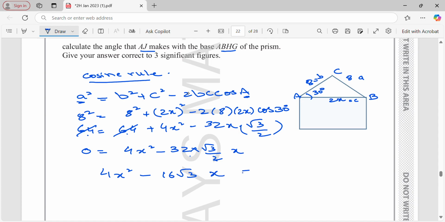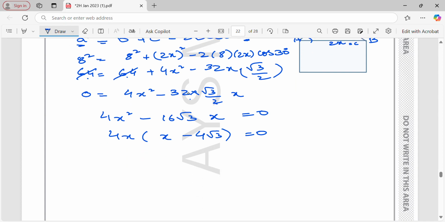So 0 equals 4x squared minus 16 root 3 x. Take 4x common and factorize it. Then inside I have x minus 4 root 3 equals 0. Either 4x equals 0 or x minus 4 root 3 equals 0. So I got the value of x, that is 0, or x equals 4 root 3. Because we are talking about lengths, I will ignore 0, since a length cannot be 0.